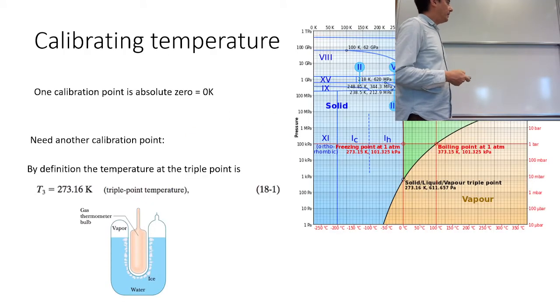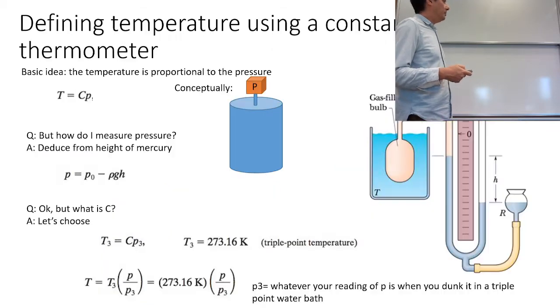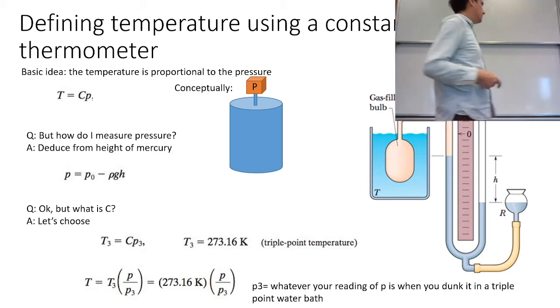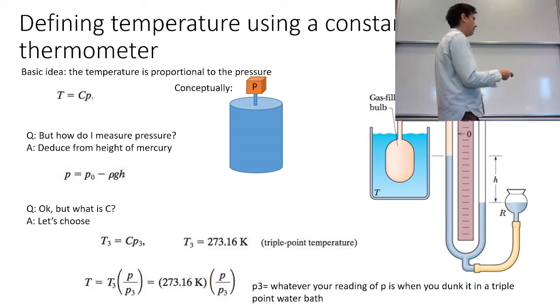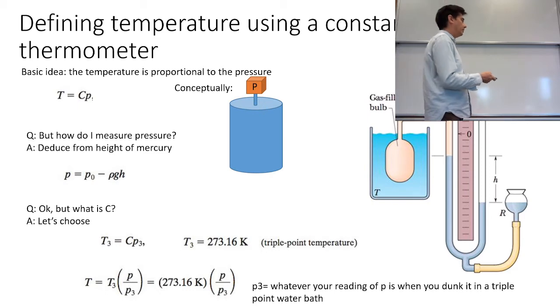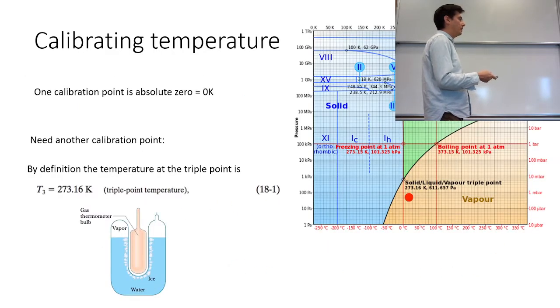And we talked about how temperature is calibrated using this constant volume thermometer. It's a little bit of a complicated example, but one of the main points is that in order to define temperature, you need some way to calibrate it. In this case, we're going to calibrate it with the triple point of water, which has a unique temperature.